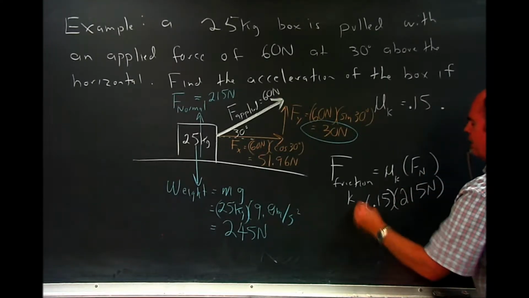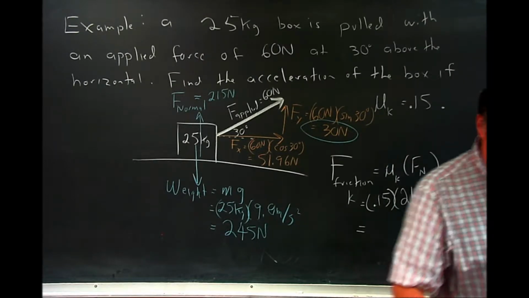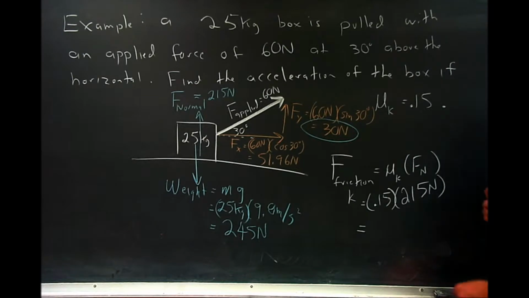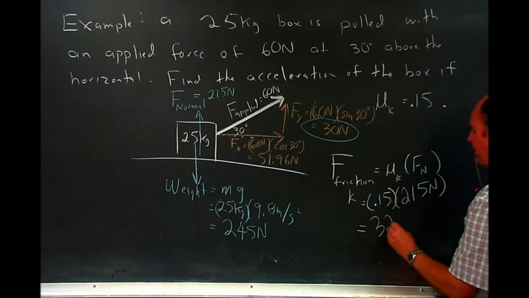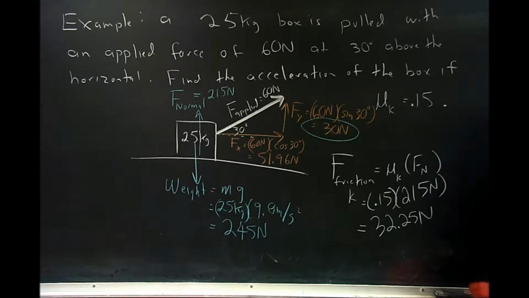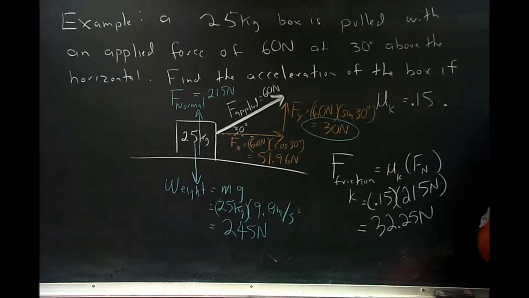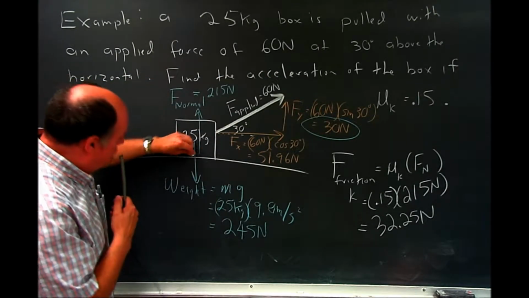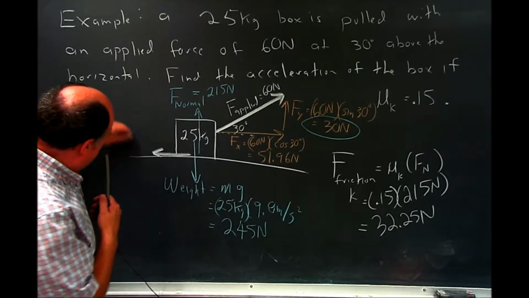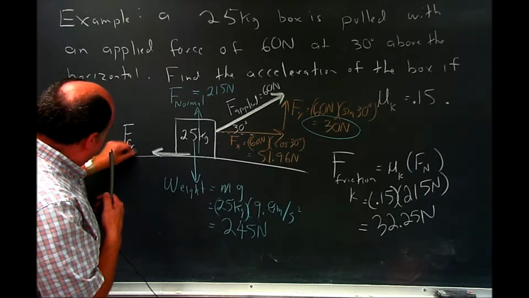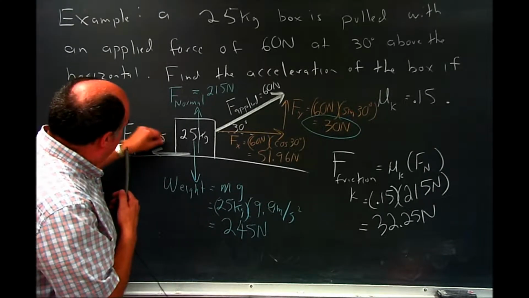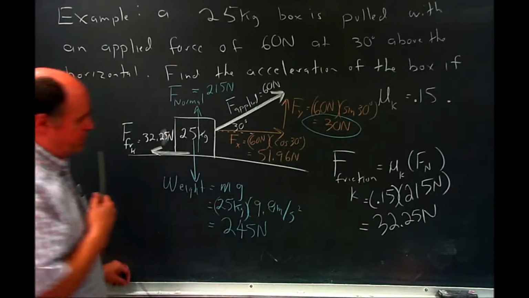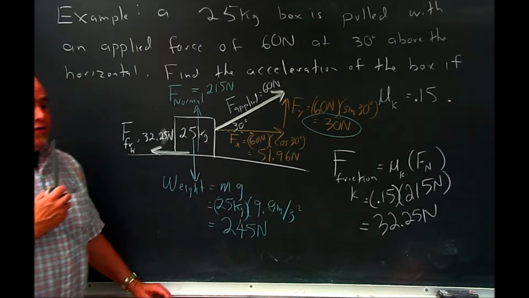And that is going to end up coming out to be 32.25. So that is our force of friction. Our force of friction is over here, where the two surfaces are coming into contact with each other. There's a force of friction of 32.25 newtons. Okay. So we have all those numbers.